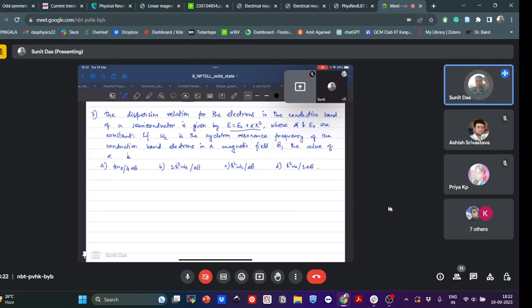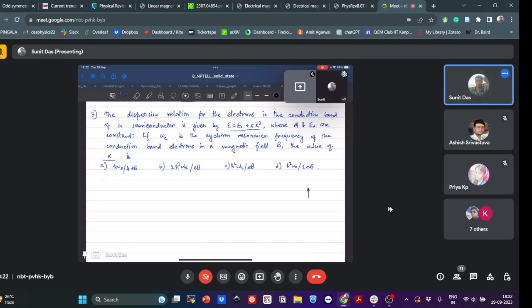Now, if omega c is the cyclotron frequency for the electrons in a magnetic field B, then we need to find the value of alpha. So, I think you guys know what the cyclotron frequency is.